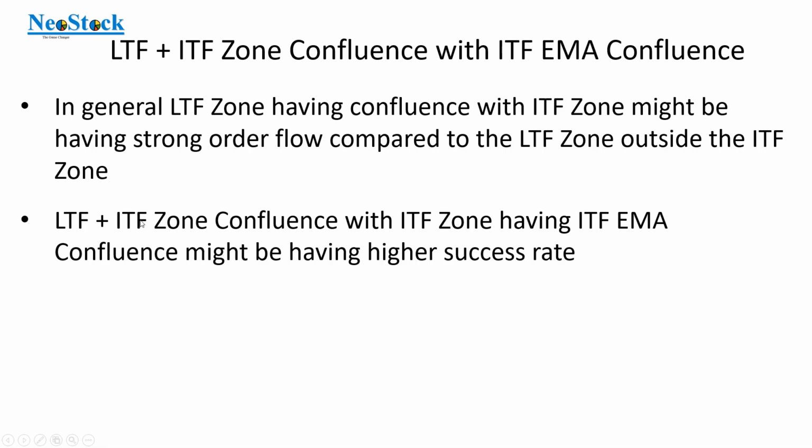And an LTF plus ITF zone confluence, with the ITF zone having ITF EMA confluence, might have even stronger order flow. That's why it has a higher success rate, because more people keep their order flows near the EMA. That's why more order flows will provide you a higher success rate.